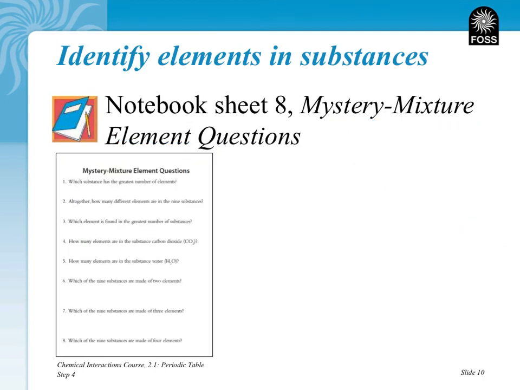All right, so you should have completed your mystery mixture elements worksheet or table with all the different elements that are in each one of those white substances. So what we want you to do next, this one is identifying the elements in the substances. These are some questions based on that table that you put together, all the different elements and what the substances are made of.